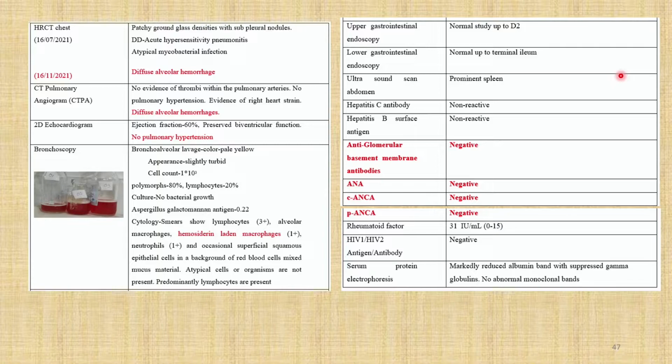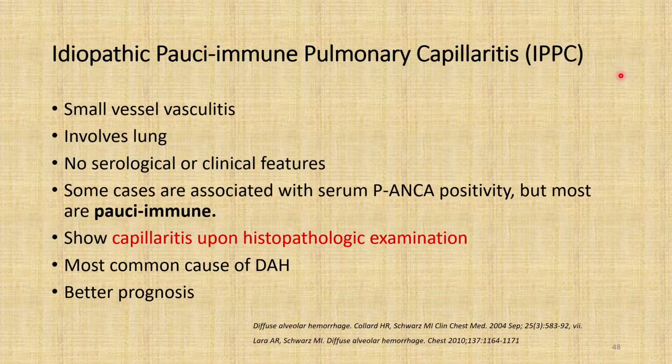So we made the diagnosis of IPC, and we started pulsing him. We didn't go for a biopsy because after an MDM meeting, we decided to go ahead with pulsing because, as I mentioned, biopsy is not mandatory.